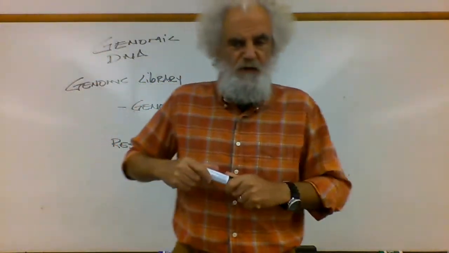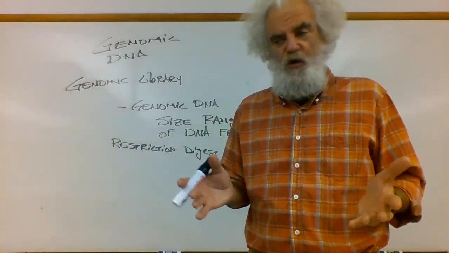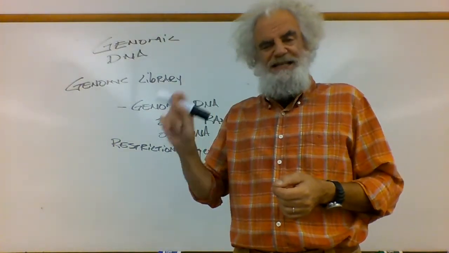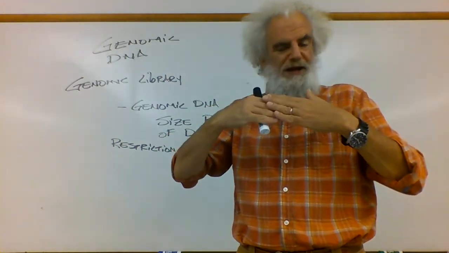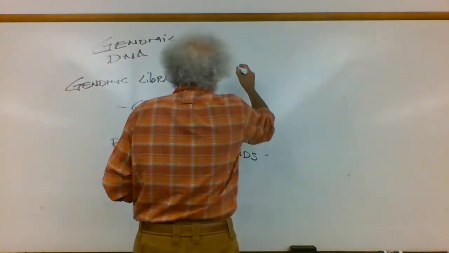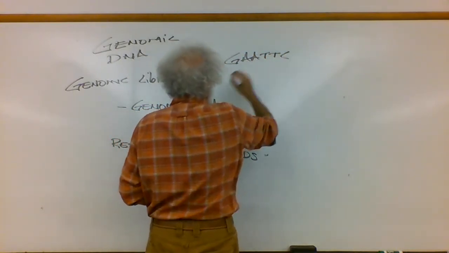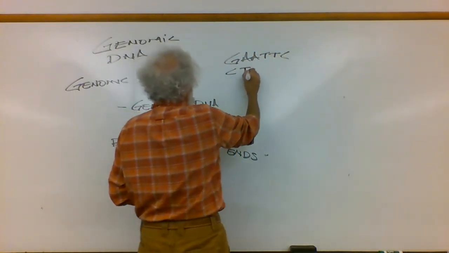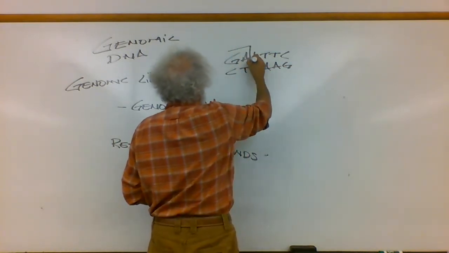And if you recall back when we were talking about restriction digest last time, the restriction enzyme EcoR1 has a restriction site GAATTC. It cuts asymmetrically, so you get what is known as a complementary end. Just to remind us of that, GAATTC is a palindrome, and it cuts like that.